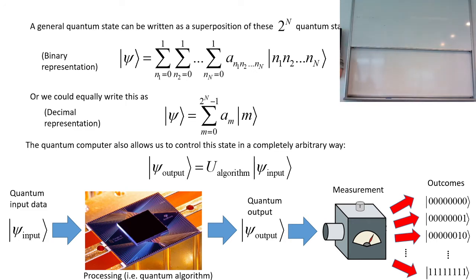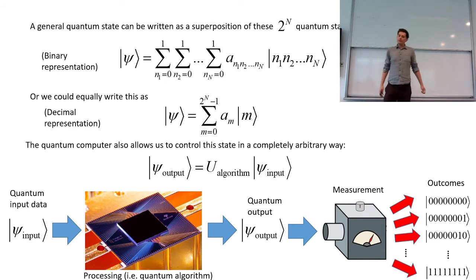Whatever we're doing here still has to follow Schrodinger's equation, and Schrodinger's equation is always some kind of unitary matrix. So whatever algorithm we're doing just corresponds to some unitary matrix, which is applied on this input, and then we get some output state, our final state.